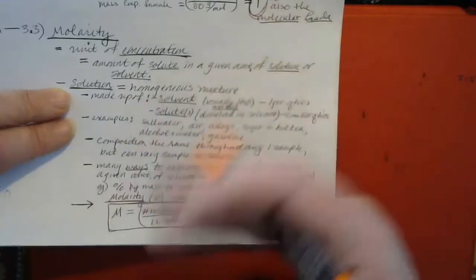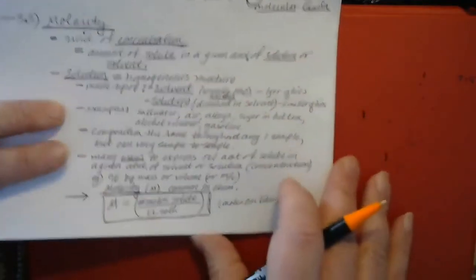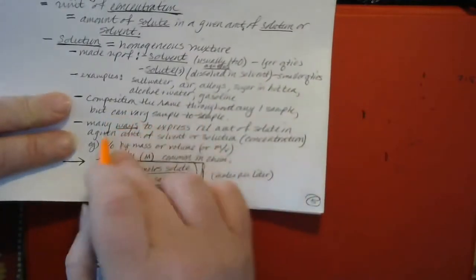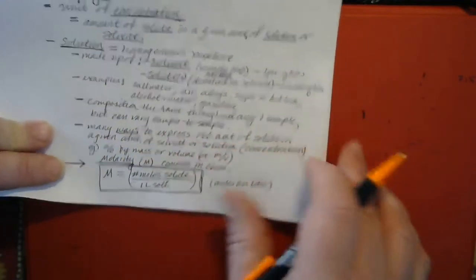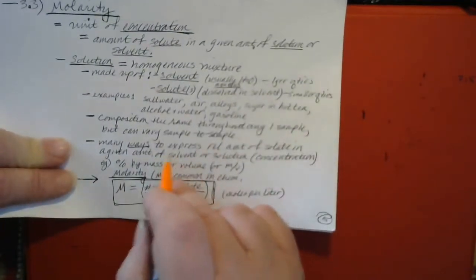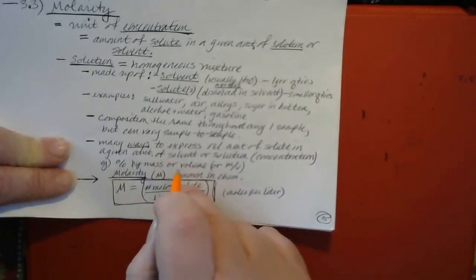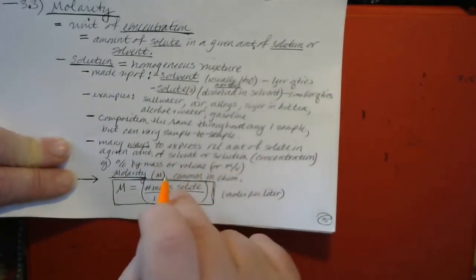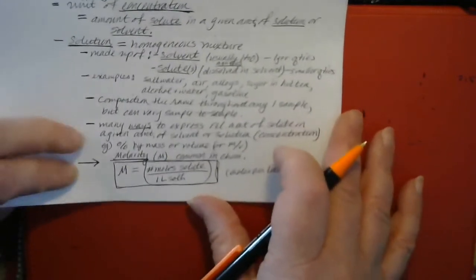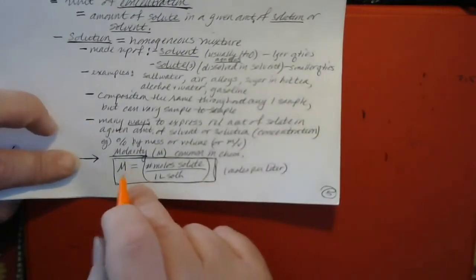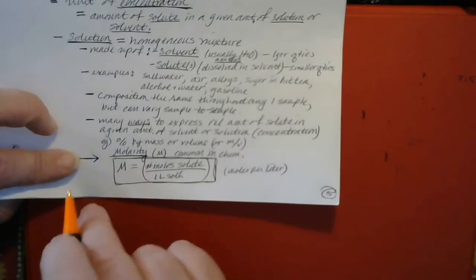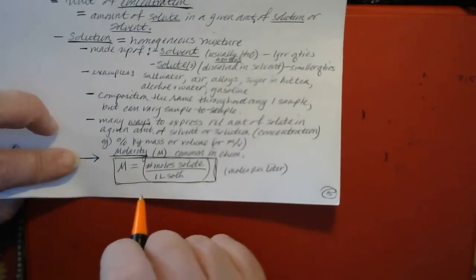It's kind of like a percentage almost. There are a lot of different ways to express concentration, and we'll see some of the others later, like percent by mass or mass-volume percent or parts per million. But by far, the most important way to express concentration in chemistry is molarity.